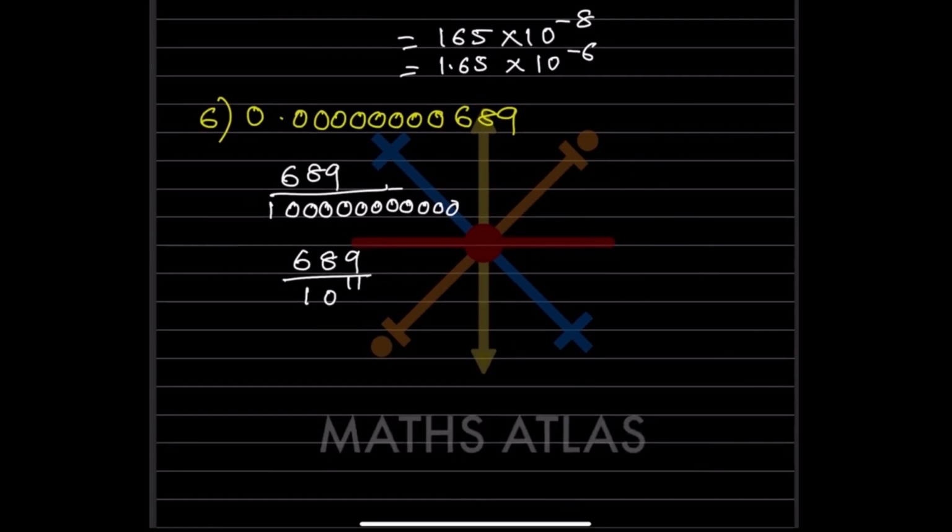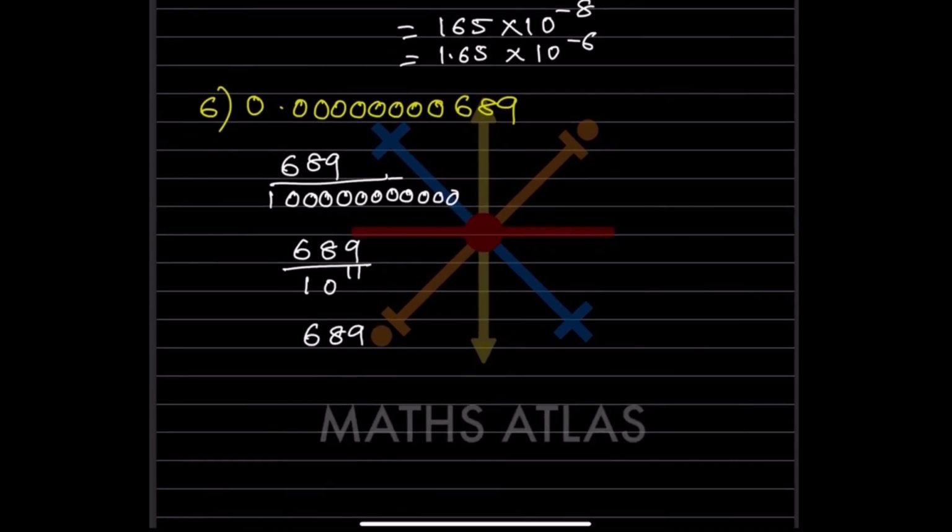So this will be 689 into 10 raised to minus 11. So now we want that it should be less than 10. So 6.89 into, because now after this there are two numbers, so that will be 10 raised to 2. So minus 11 plus 2, that will be 10 raised to minus 9. So this will be into 10 raised to minus 9.